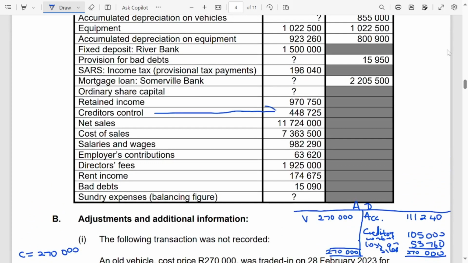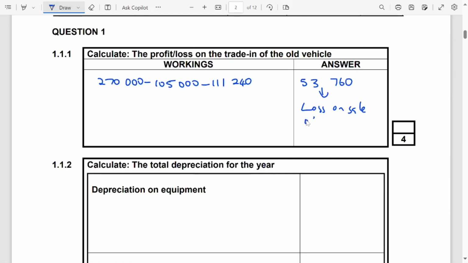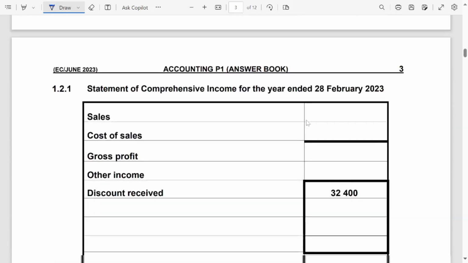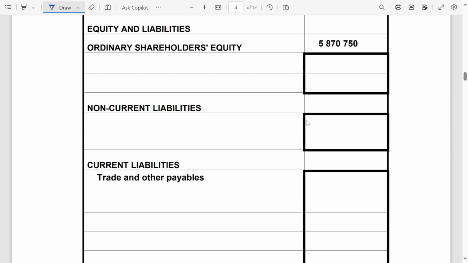So the creditors' control right now is 448,725. We know that the creditors' control goes to the balance sheet under trade and other payables. So 448,725.